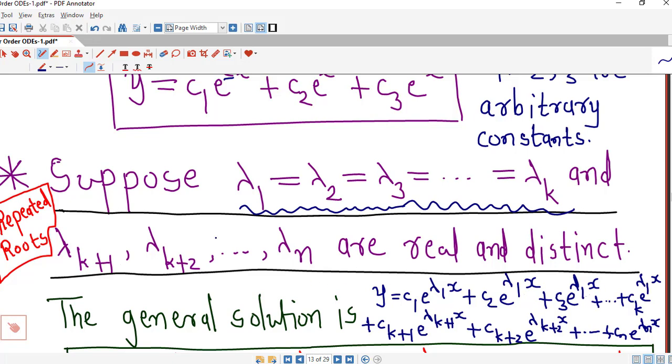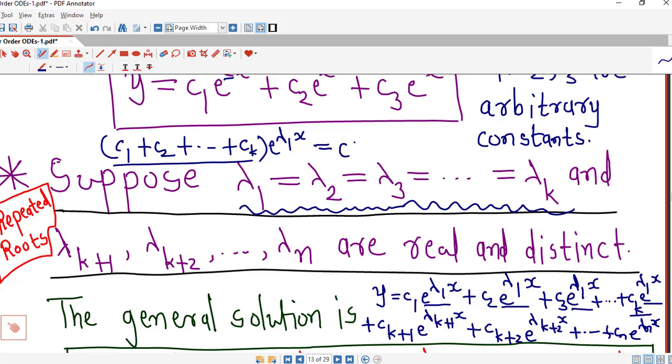So we are writing as in the first case. Now what happens if we consider these first k terms? Then e raised to lambda 1 x is common in every term. If we take e raised to lambda 1 x common, we will have c1 plus c2 plus up to ck times e raised to lambda 1 x, and this is going to be a new constant, say c dash, times e raised to lambda 1 x.